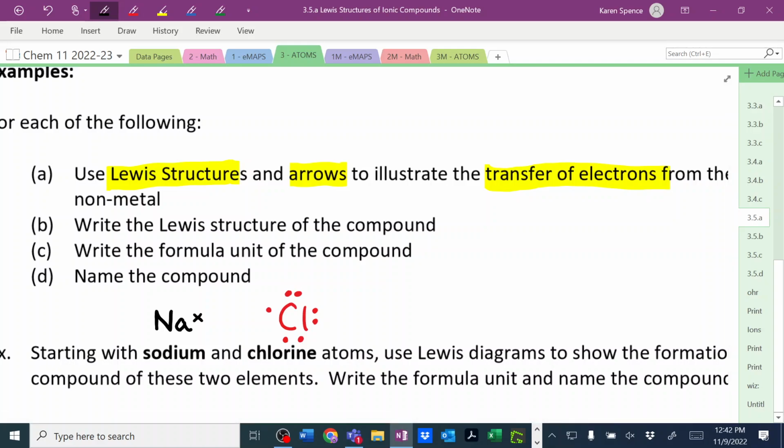Yes? So in order to empty out the sodium and fill the chloride, we are going to show an arrow moving that electron from the sodium to the chlorine. Okay, so be sure to show the arrow.